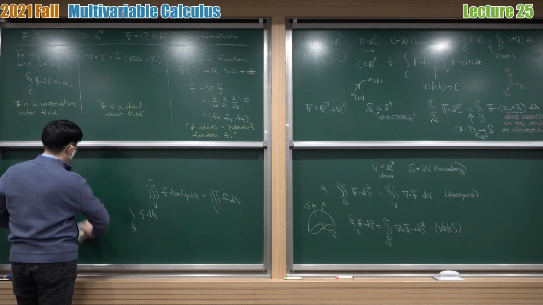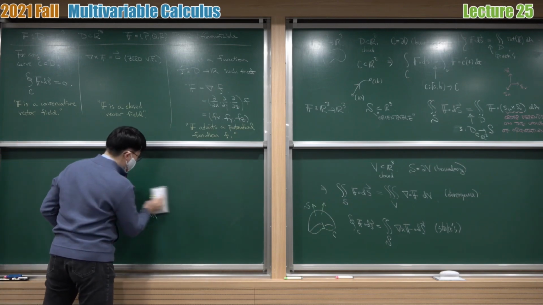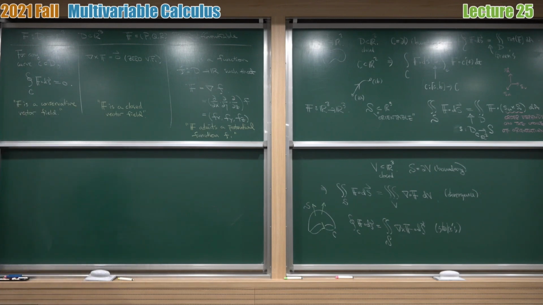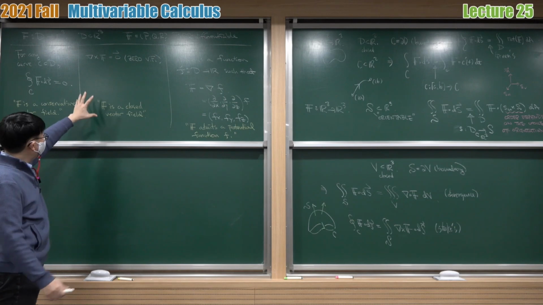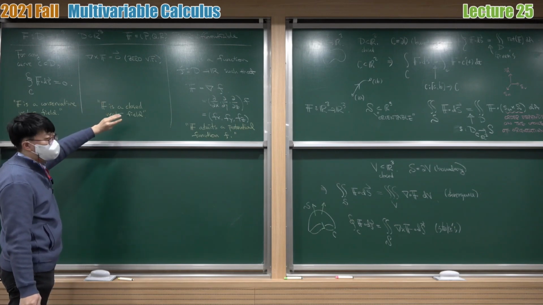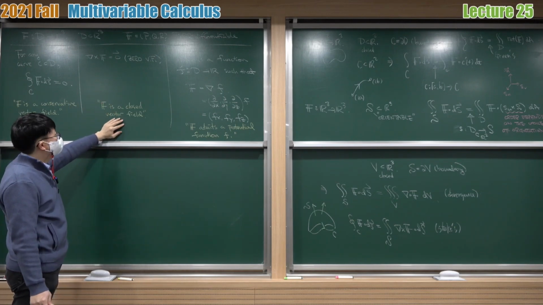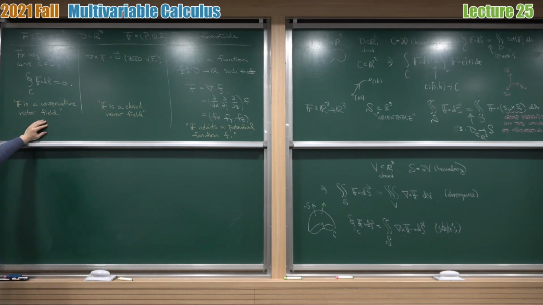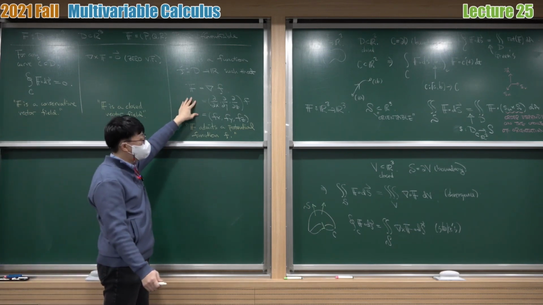So let's compare the implications of these three conditions. I think the easiest one is that if F satisfies the second condition, then check whether it satisfies the first or maybe the last condition.